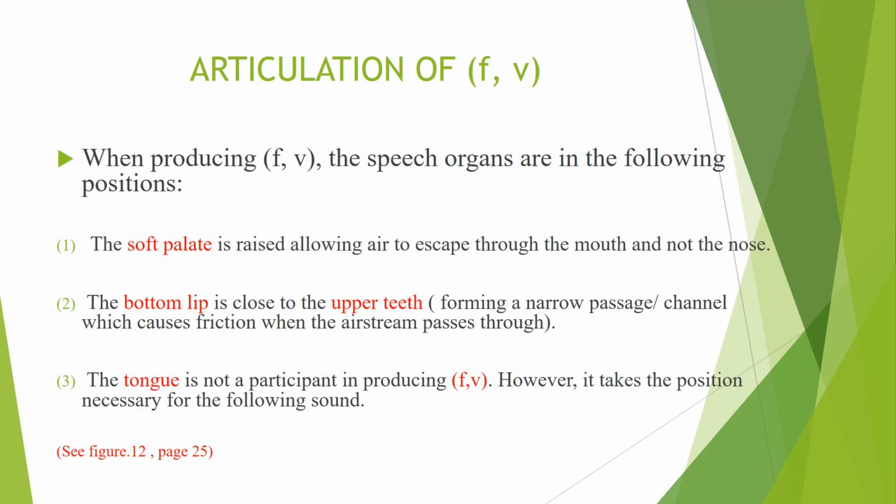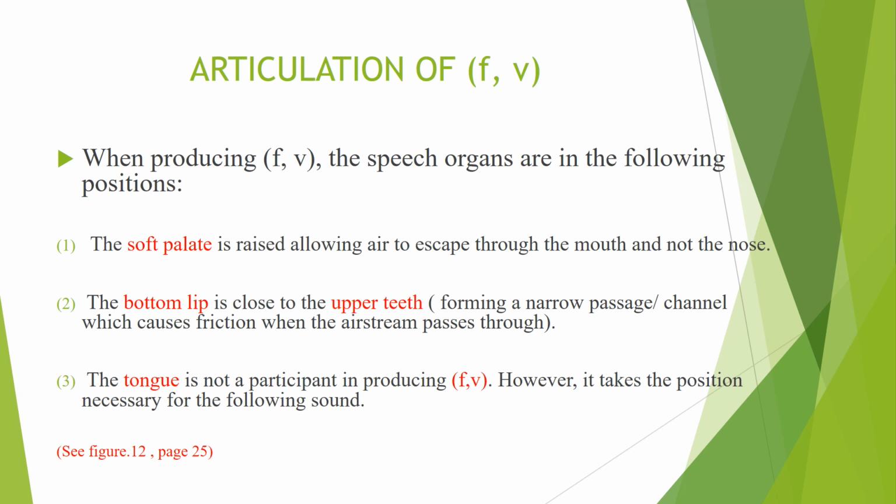This narrow passage causes friction when the air stream passes through. Remember, we said the air must leave your body, must leave your vocal tract, must leave your mouth. Now, when the air leaves through this narrow passage, it causes friction.